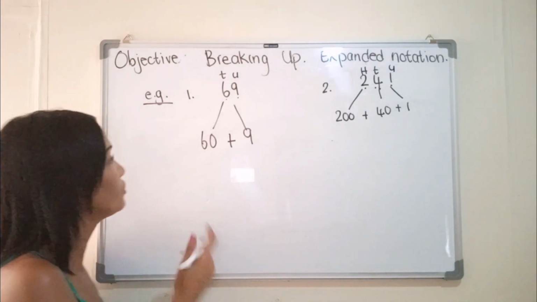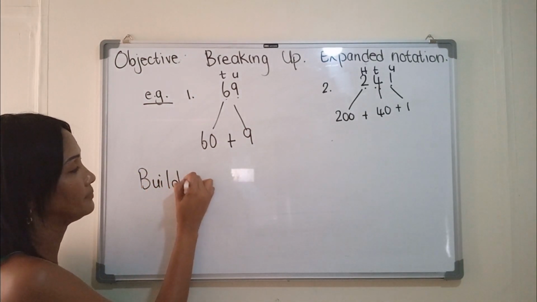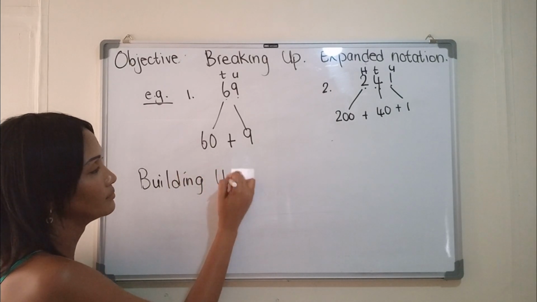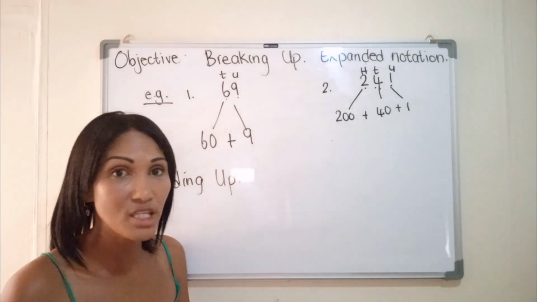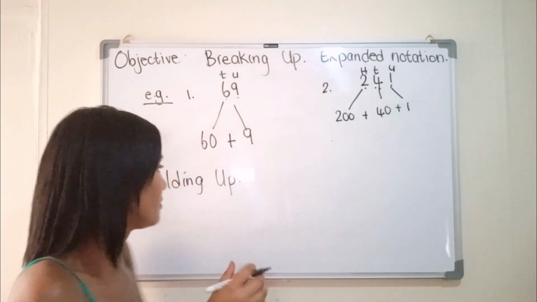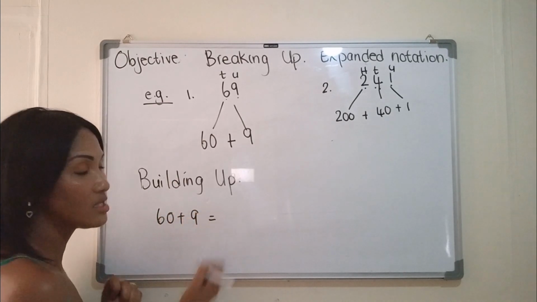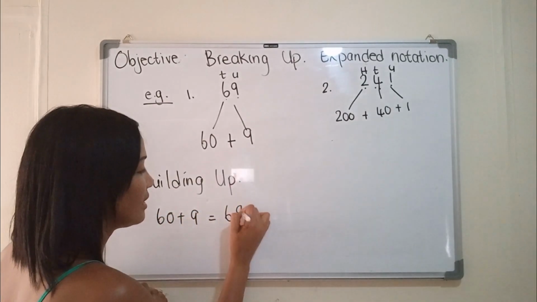Another one I want to show you is building up. Building up means only to put the numbers now back together. Like 60 plus 9 is equal to 69.